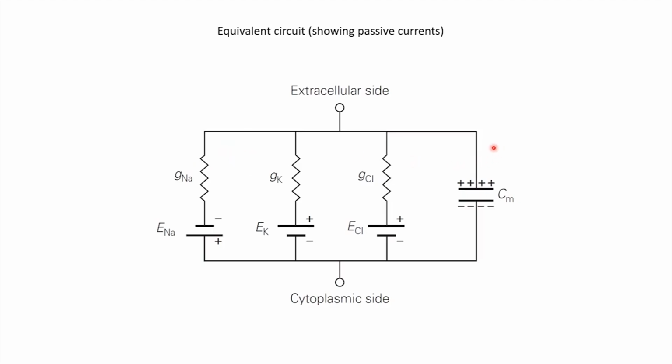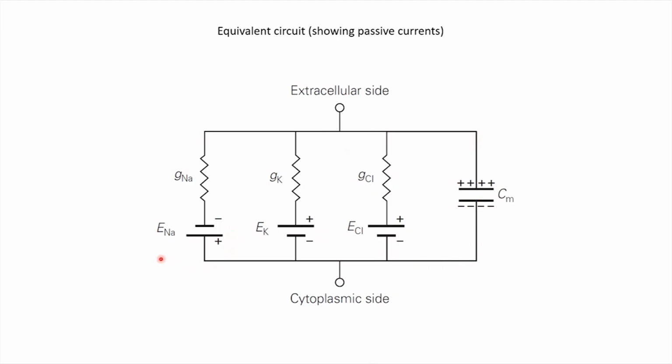So you still have the capacitance as before, and now you have different paths for different ions. So each ion has its corresponding conductance and battery. So we now have these three possible paths that the current can take and the capacitor, all of them connected in parallel.